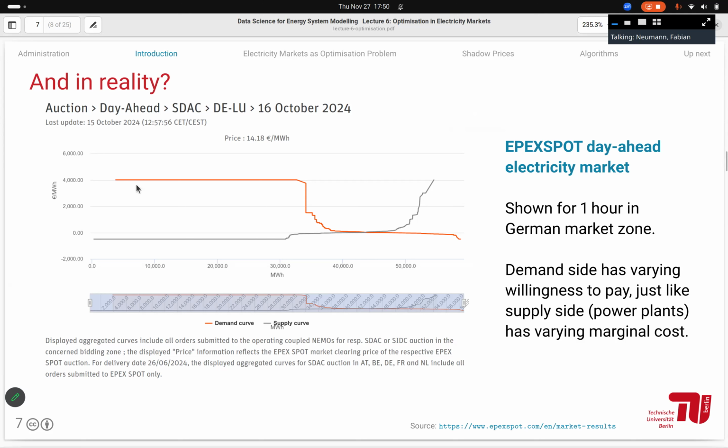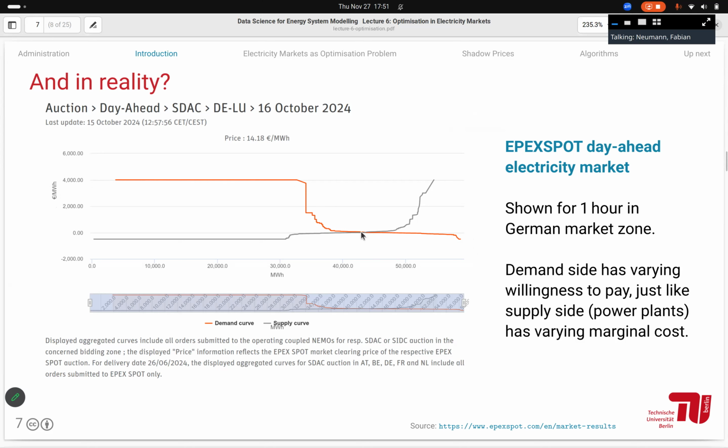So we have a couple of consumers that have a very high willingness to pay for the electricity, 4,000 euros per megawatt hour. And then we have a few consumers that have quite a low willingness to pay. In this example, actually even negative willingness to pay. So they're just willing to be paid to consume extra electricity. And similarly here, we would look at the intersection point, which would give us the market clearing price.